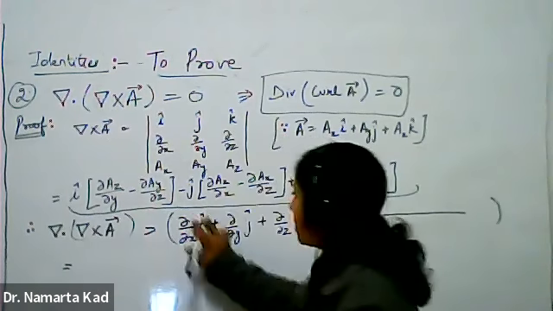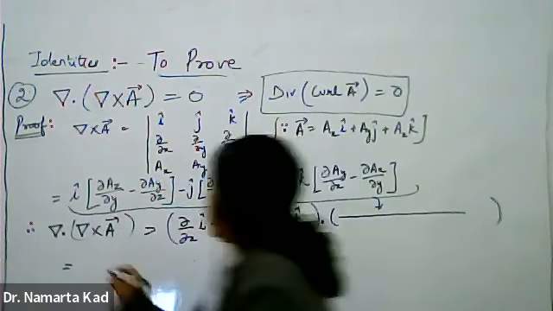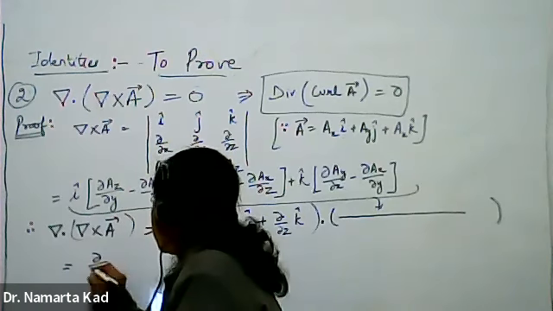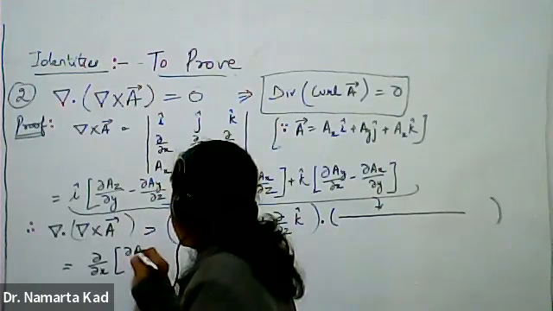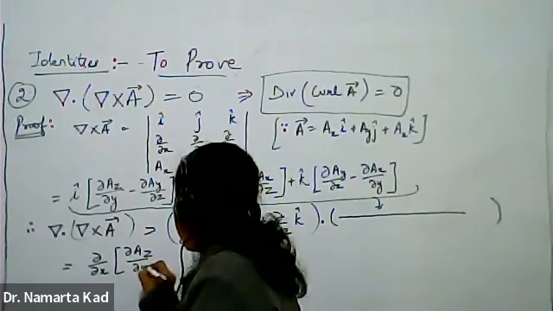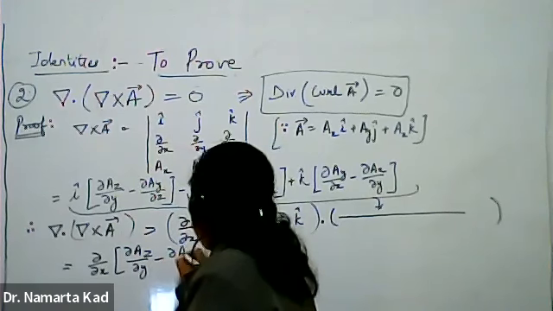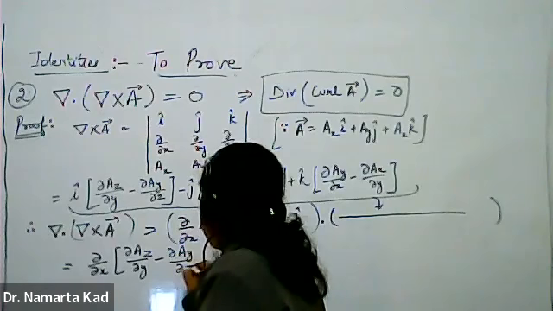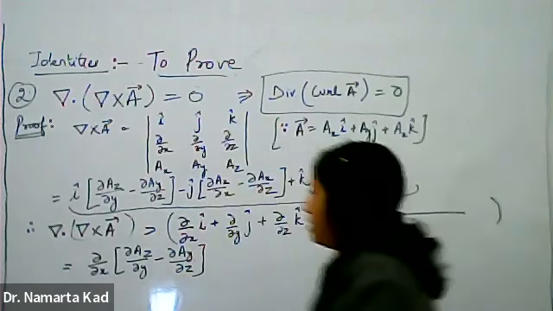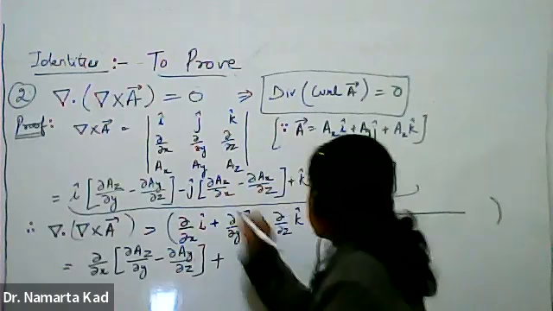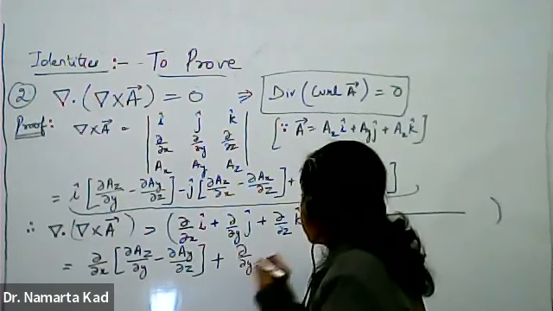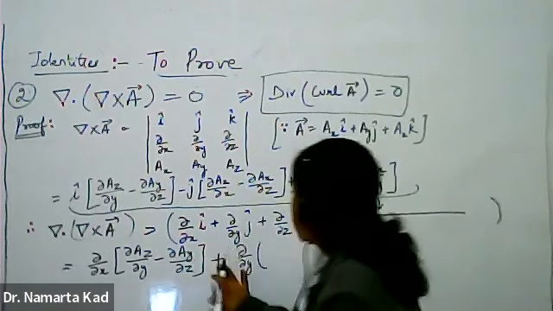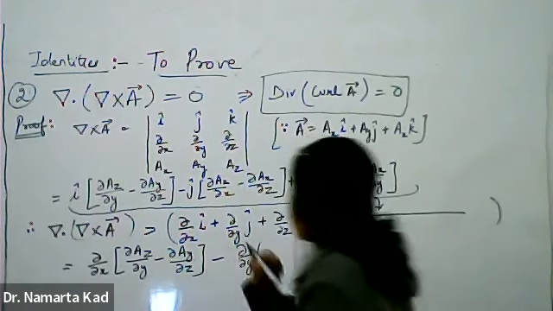Just multiply curly by curly x with this one. I'm just writing it firstly one step. That is curly az by curly y minus curly ay by curly z. Then plus curly by curly y. Here it is a negative sign, so keep it here negative.